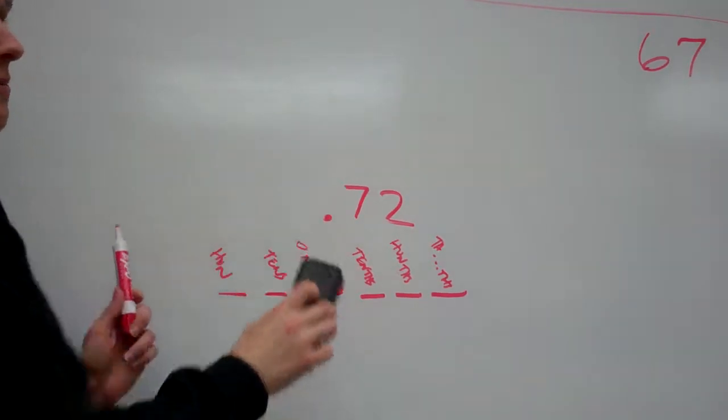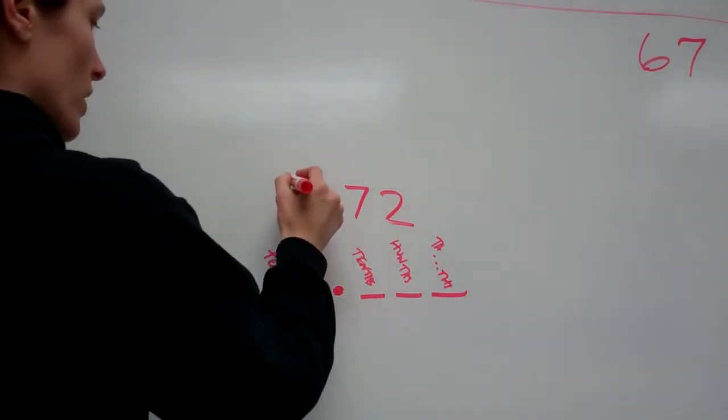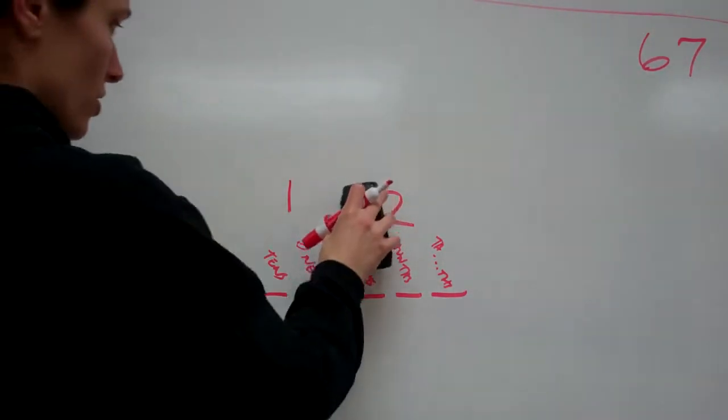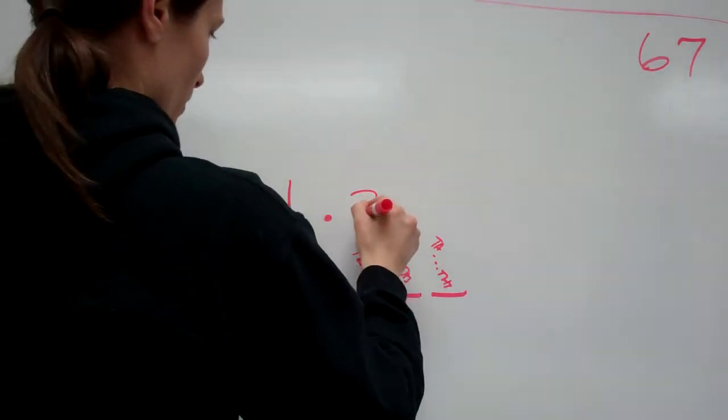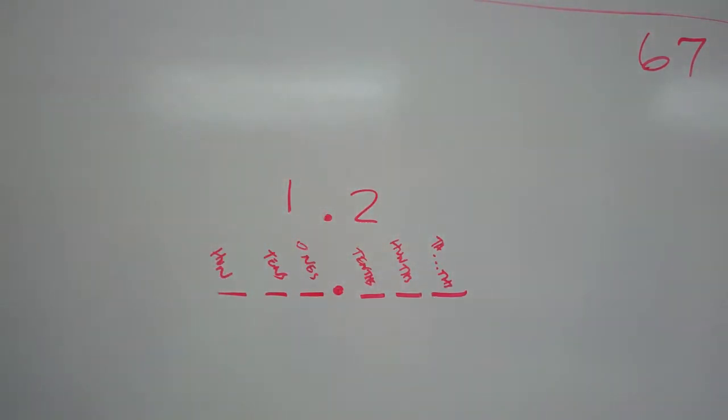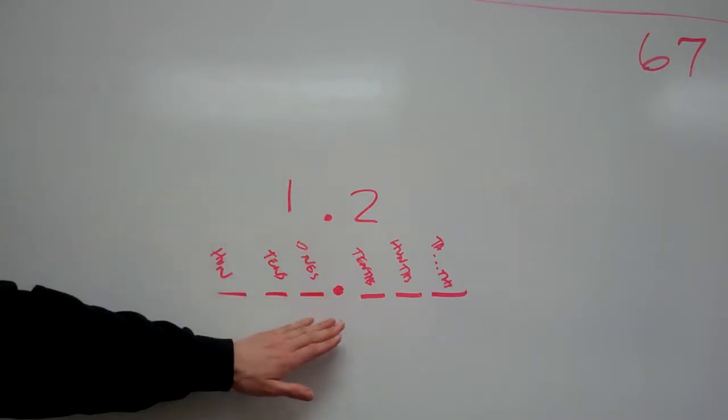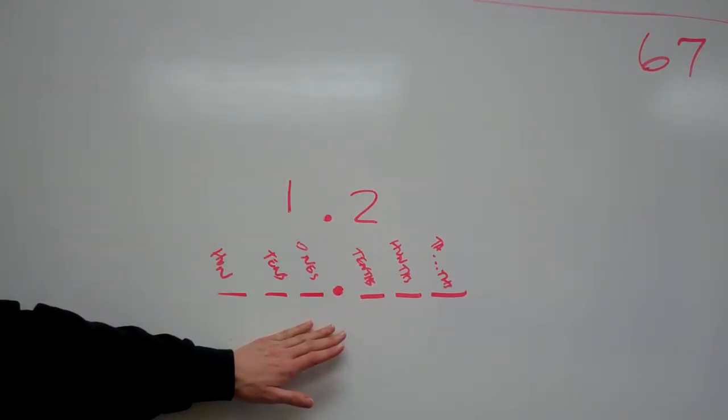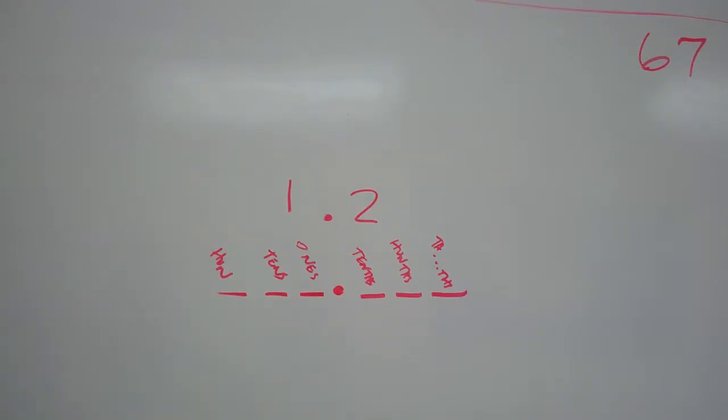Let's do 1 and 2. Now, I want you to see what I'm going to do. This is the fraction form. Now watch me do the mixed number form, and then the decimal form.